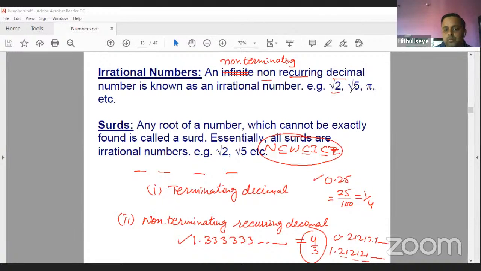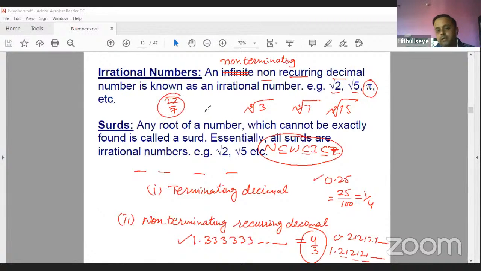For example, under root 2, under root 5, even the cube roots of numbers whose perfect cubes cannot be found, say cube root of 3, cube root of 7, cube root of 15, all these are irrational numbers. Pi is also an irrational number. We generally write that pi is 22 by 7, but that is not the accurate value for pi.